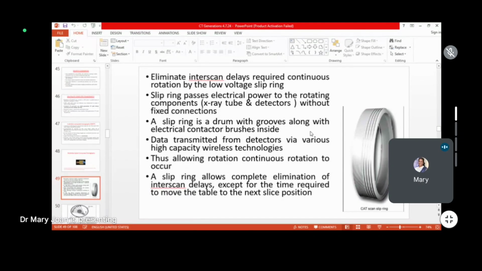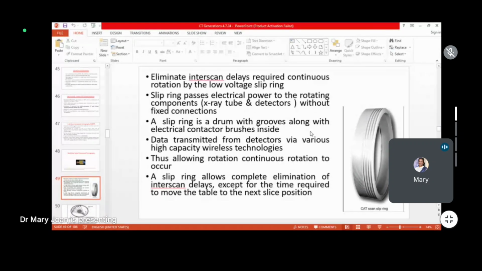So here it eliminates interscan delays, which requires continuous rotation by the low voltage slip ring. A slip ring passes electrical power to the rotating components, the X-ray tube and the detectors, without fixed connections. So a slip ring is a drum with grooves along with electrical contact brushes inside.